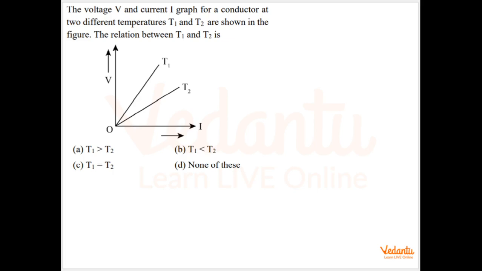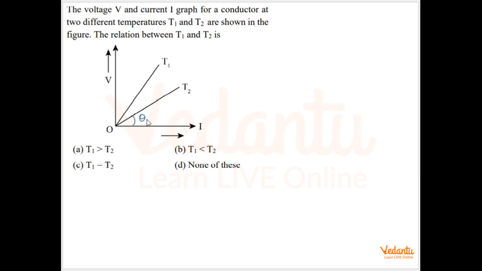In this question, the voltage V and current I graph for a conductor at two temperatures T1 and T2 are shown in the figure. The relation between T1 and T2 is what? Now beta, here V versus I graph is given.